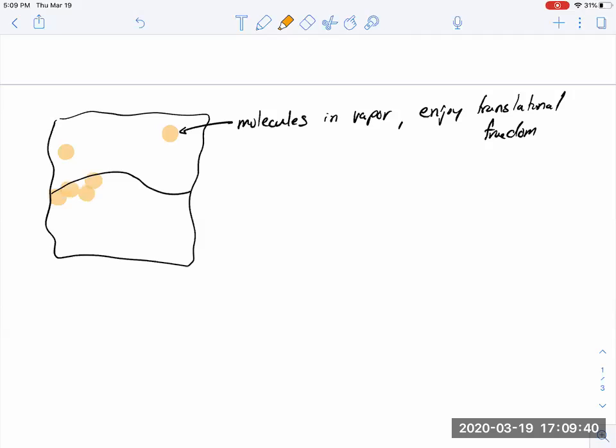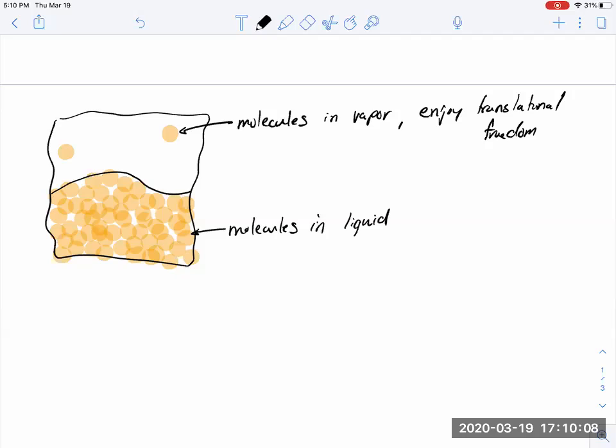Now, on the other hand, molecules in the liquid are much closer together. That's what we mean by a liquid. The density is higher. So those are our molecules in liquid. They can't move around freely.